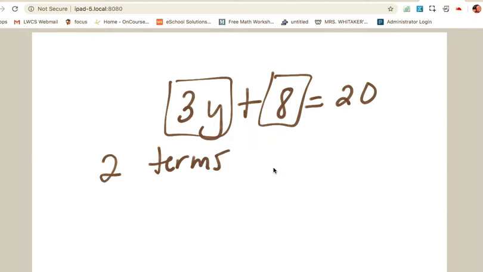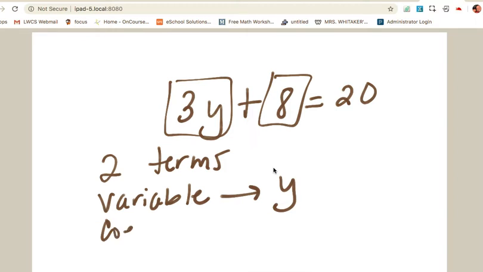We also know that there is a variable, in this case just one variable, not variables. The variable is y, and the coefficient, like we talked about in the last slide, is what's with the variable, which would be 3.